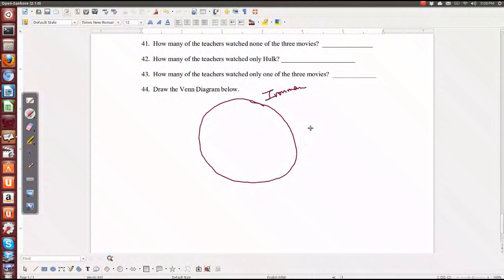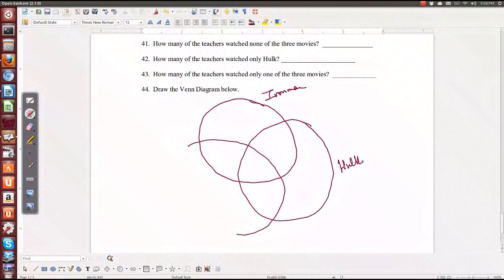I'm going to draw one circle that represents the group of teachers who watched Hulk. And I'm going to draw a third set that represents the teachers that have watched Transformers.